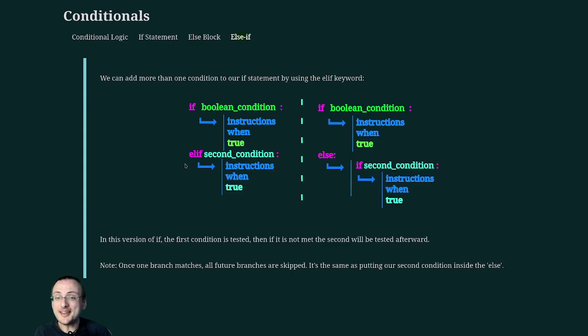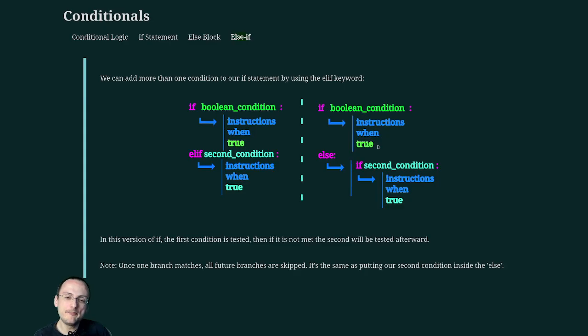So this name, else if or elif, actually comes from the fact that in some programming languages, it's not a real bit of syntax at all. Our else if is the same as using our normal if statement for the if. That has been the same in all of these versions.